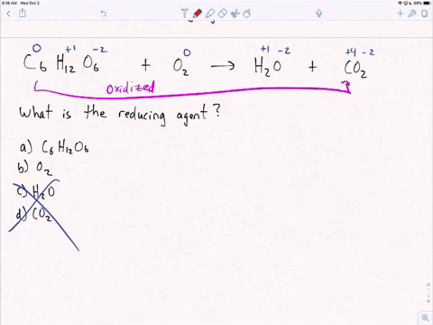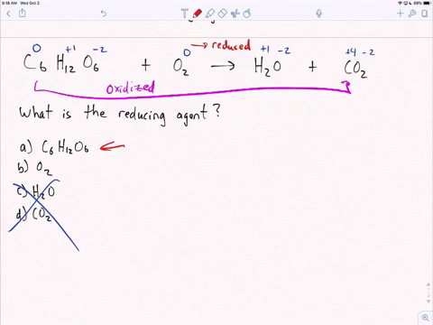It's being reduced. Remember, electrons are negatively charged. Going from 0 to -2 means you've gained electrons. So oxygen is being reduced. The substance that delivers the reduction is the reducing agent. So it's glucose. Glucose is the reducing agent.